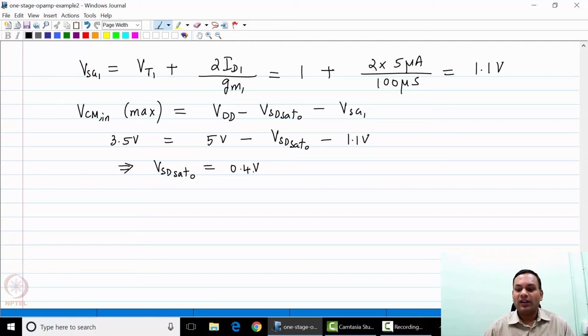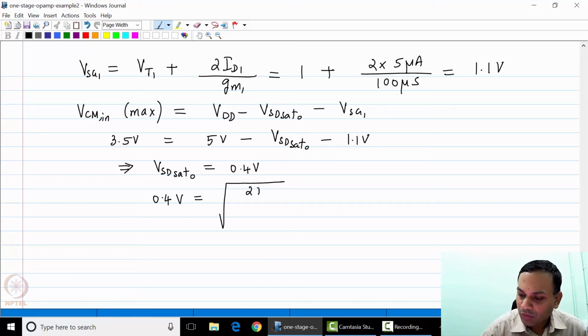Now, since we know the current through M0, we can calculate the width to length ratio of M0 itself. So VSD sat 0, 0.4 volts, is equal to 2ID0 over mu P C aux W over L of 0.